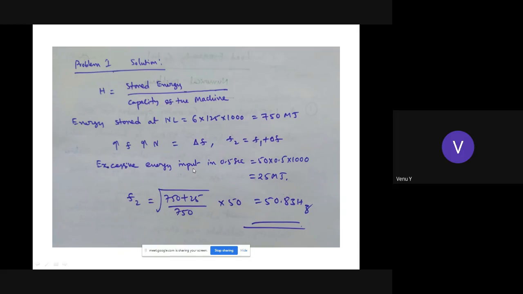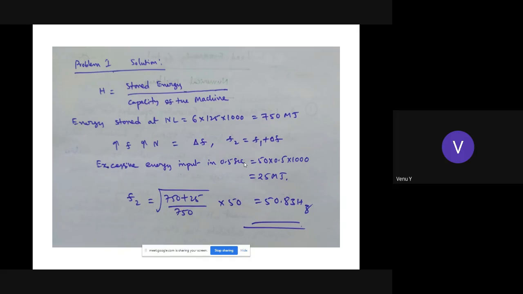Now the excessive energy input in 0.5 seconds. Energy input in the sense that the generator is already getting power input PM, and suddenly the load on the machine is decreased. PM cannot be decreased instantaneously. It will take some time.